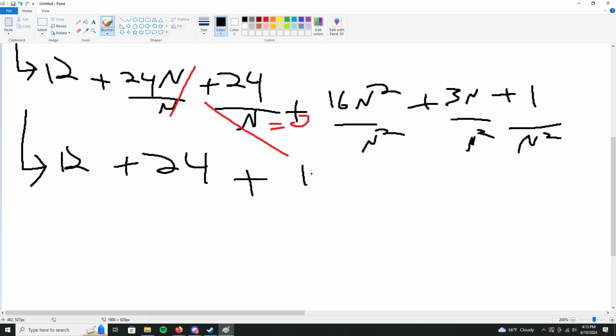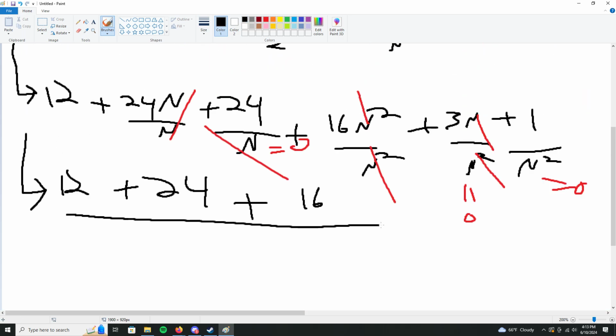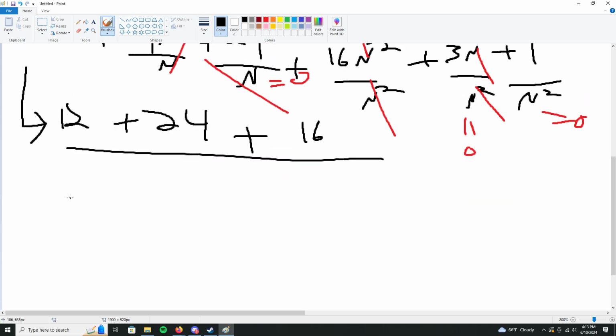Plus 16, these n squared terms will cancel. The 3n over n squared will cancel leaving only 1 over n, which will equal 0. And then this just will equal 0 because there's an n. So you are left with these 3 numbers, and these 3 numbers should all equal an area of 52.